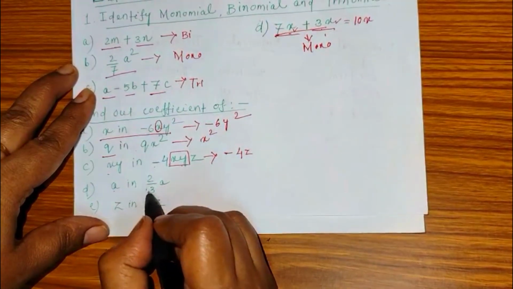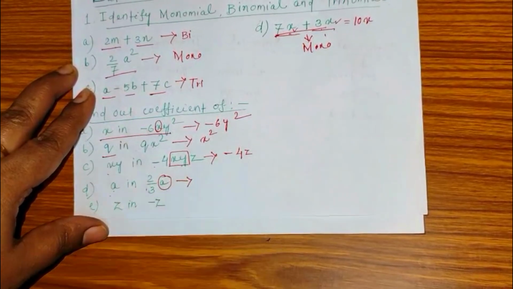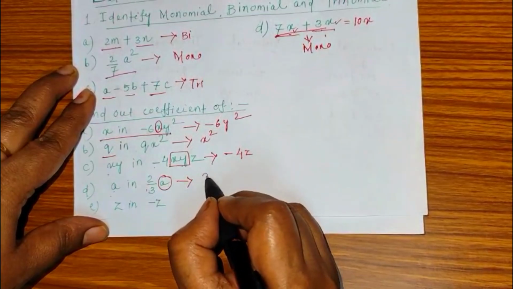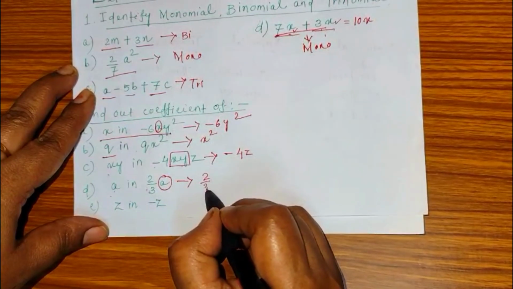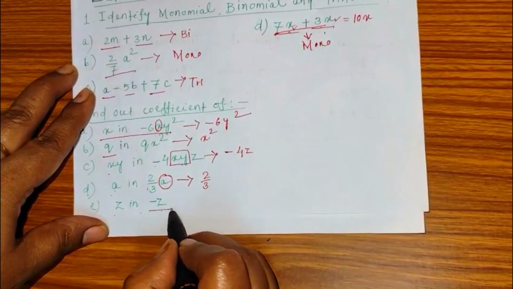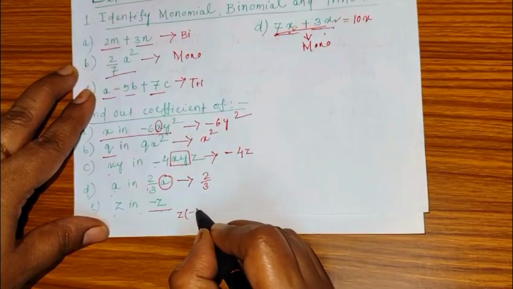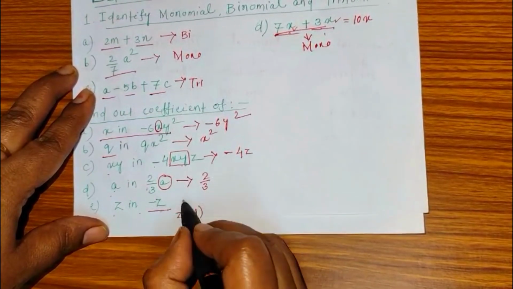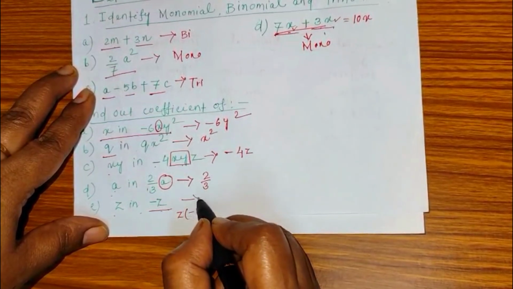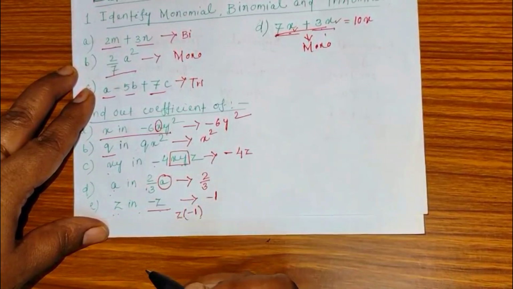A in 2 by 3a. Remove this a. What is left? 2 by 3. Then z in minus z. Minus z is nothing but your z into minus 1. So here the coefficient of z is minus 1.